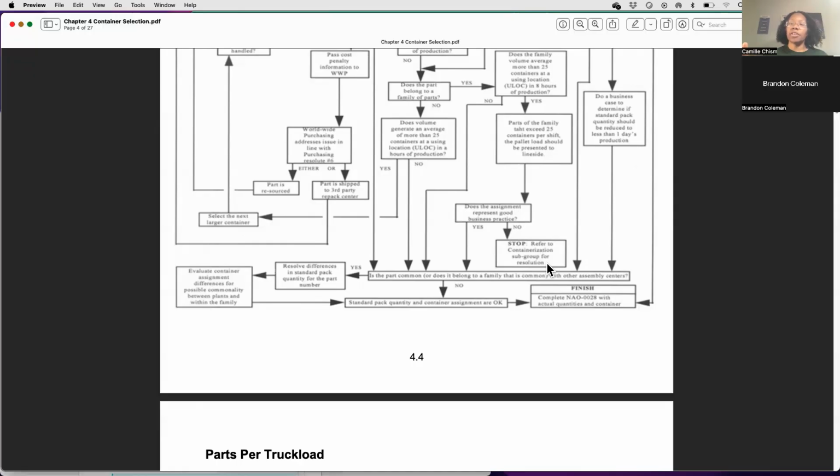But as a packaging engineer, no matter what company you're at, you want to be part of this group or be tied in with this type of group. And then here, this is probably their specification form that puts it in the system. So anytime you make a decision on a container, you're going to put it into whatever system the company has, and it would become an official specification.